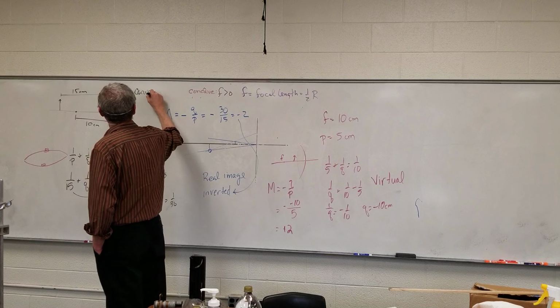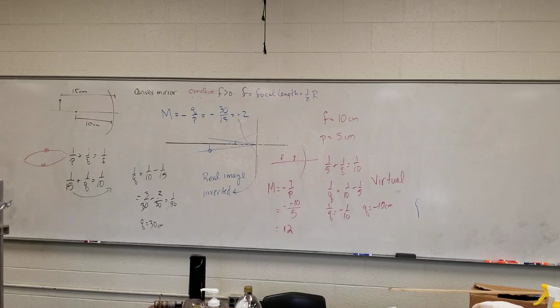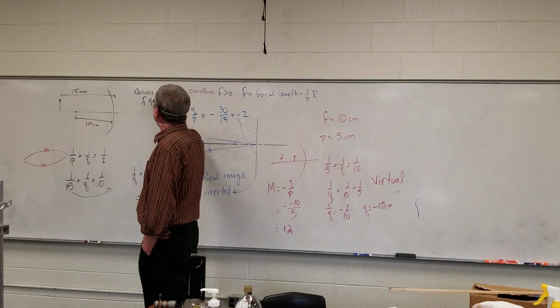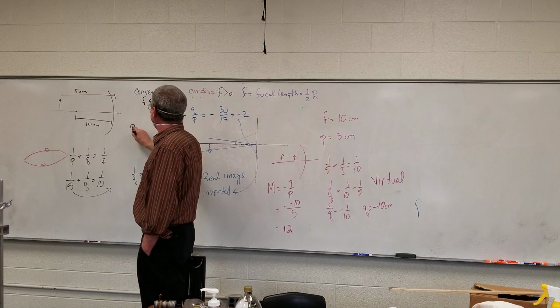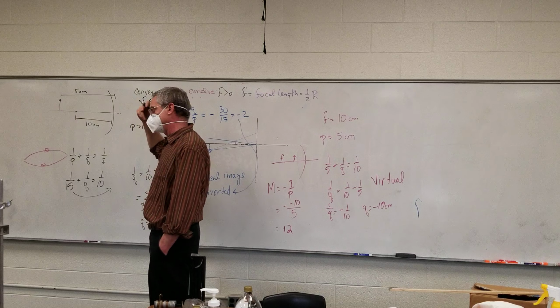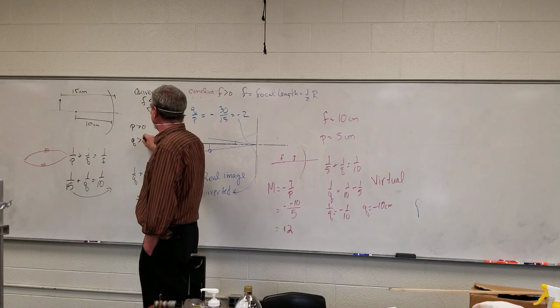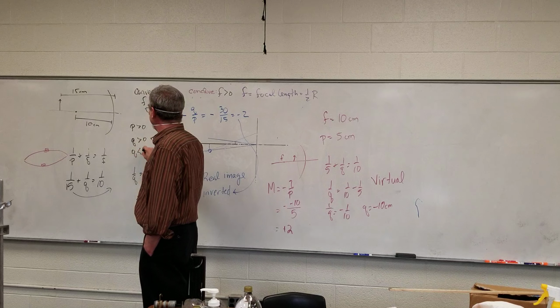For a convex mirror, the focal length is negative. P is typically positive. We'll get into situations where potentially it's negative. Q being positive, real image. Q negative, virtual image.